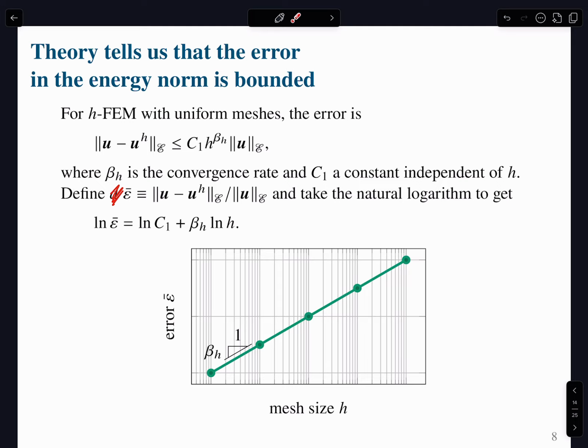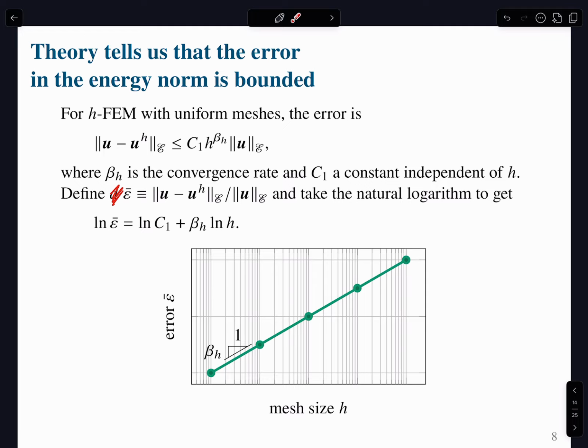And so if you look at this expression, if you plot that error as a function of the size h, what you see is that as I get into smaller and smaller h, of course the error is going to go down. And then we get this equation of a line. And you all know that already. Some of you have already obtained some convergence rates in the project, right? And so you see that beta h, which is what we call the convergence rate, is pretty much the slope of this line.